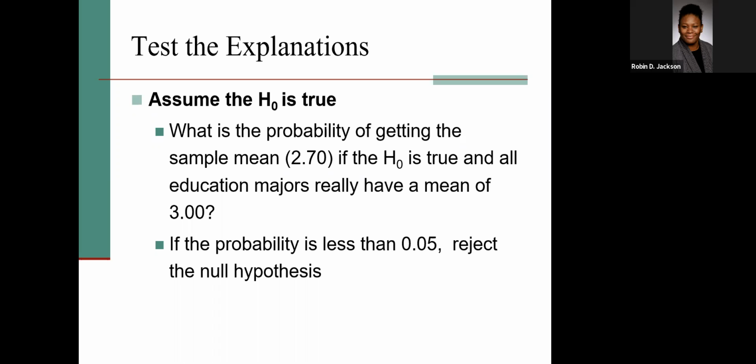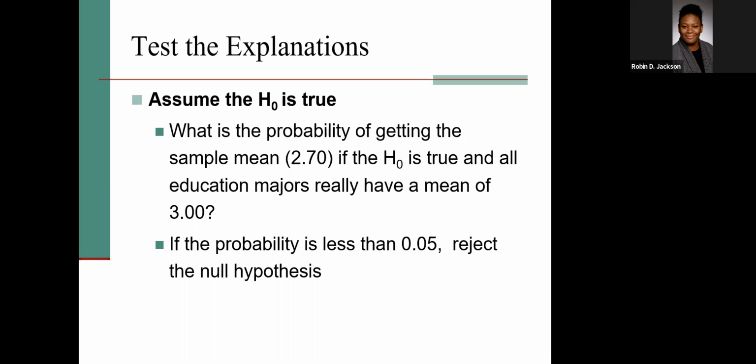Well, what we have to do is figure out our confidence. Remember confidence intervals? We had the alpha 0.05, which basically said we're 95% confident that whatever our mean is falls in this interval. We have a similar concept going on here.